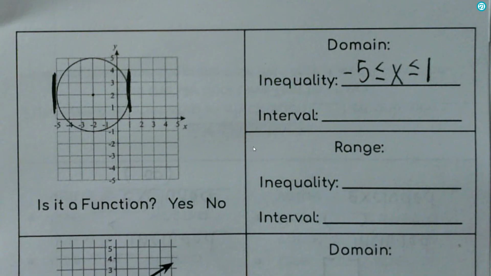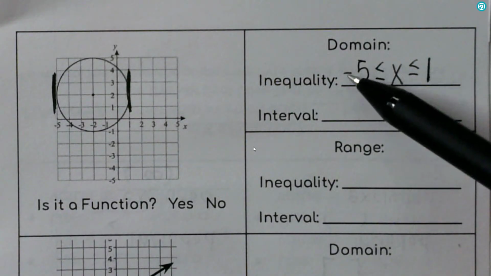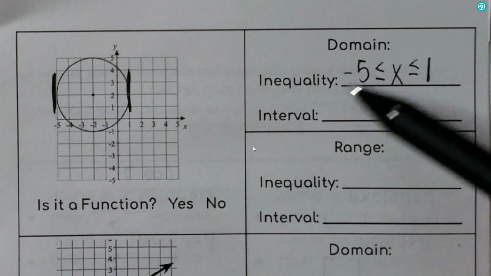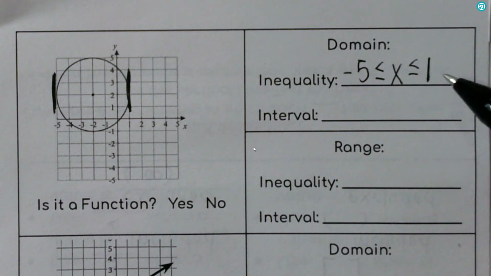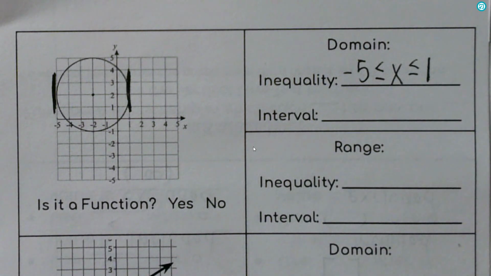So, domain tells us all of our possible x values. This inequality means all of my x values are in between -5 and 1. So that is how we write that. -5 is less than or equal to x is less than or equal to 1. That is our inequality notation of that. Does anyone have any questions about where I got the -5 and the 1 from?